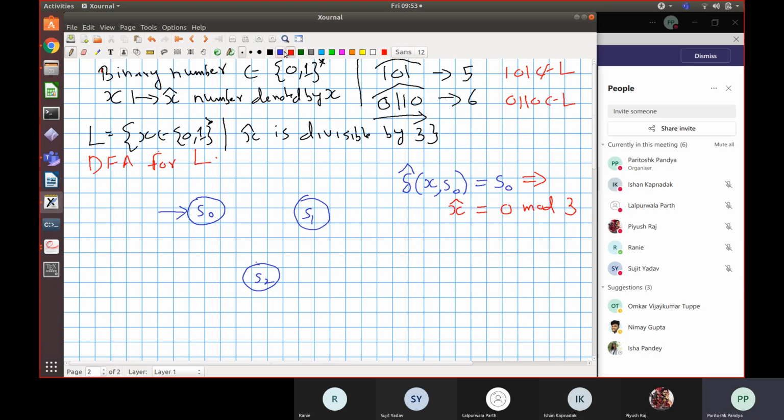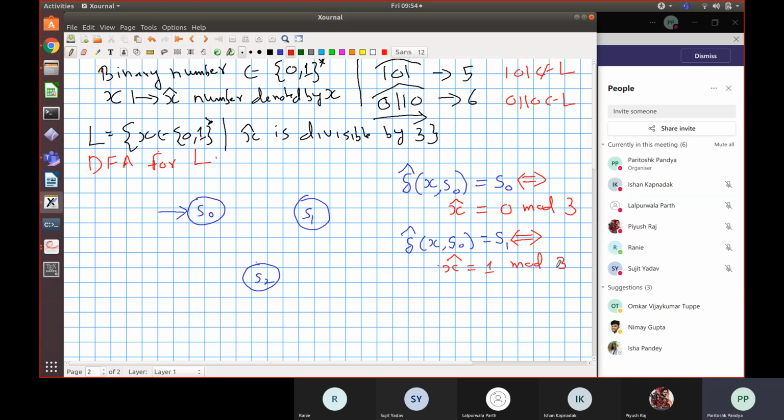Similarly, the other property is what? Let me again write it. Delta hat of x from S0 is equal to S1, that is, after processing string x you wind up in state S1. When will this happen? I can say this is equivalent to x hat being equal to 1 mod 3.